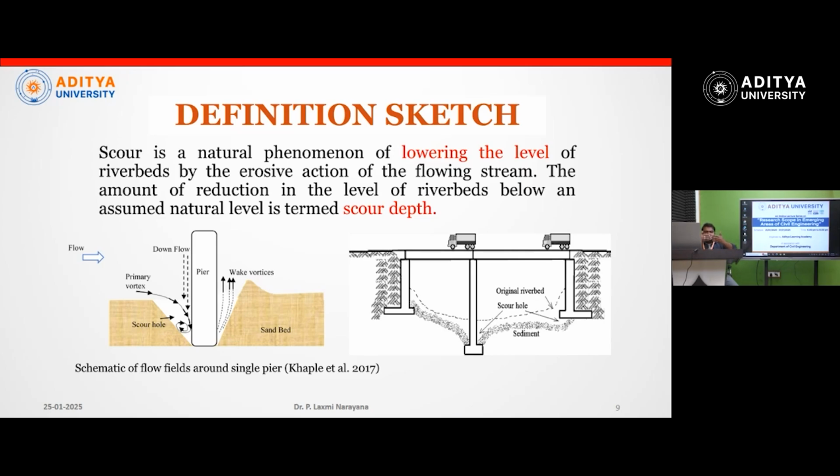Now it reaches downflow. The moment the downflow is created, it leads to a primary vortex, because the approaching fluid particles are pushing. The downflowing particles need to circulate, so there is no option. That rotation is the primary vortex. Later it separates and goes behind the pier.